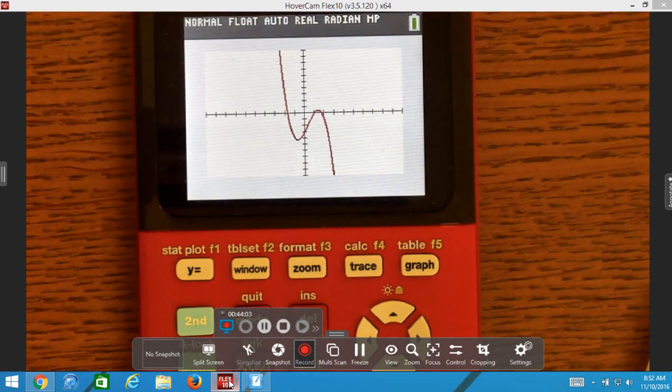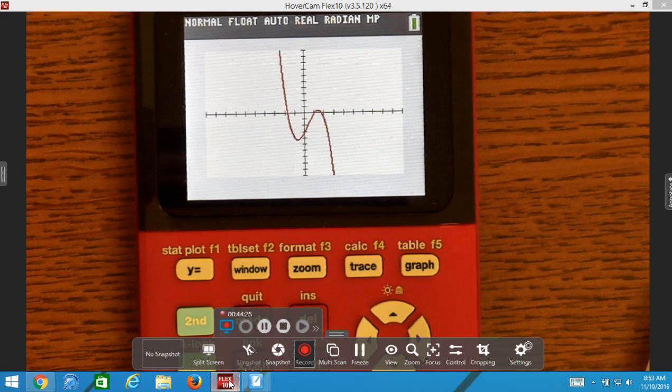Remember, if your window is not a good window, we can hit Zoom 6. That would fix your window. You can definitely see the general shape, but when you have a graphing calculator and you're asked to graph something, it better be accurate. So where can we find accurate points?